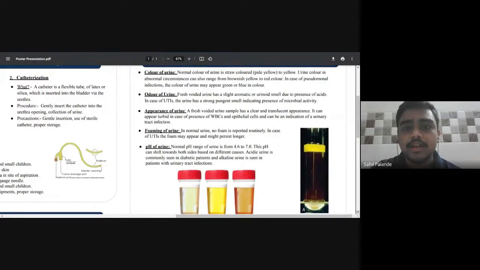So therefore, it becomes a crucial factor to know about the food consumption or the drug consumption of the patient at least 24 or 36 hours before.